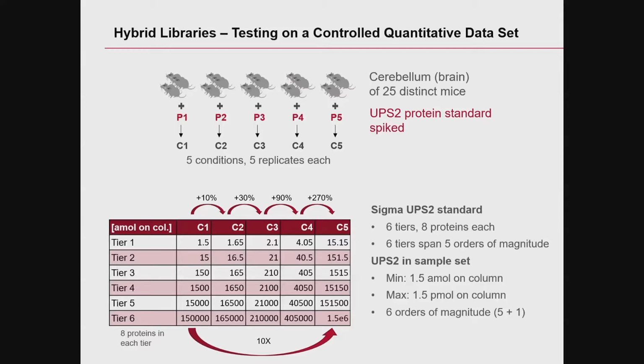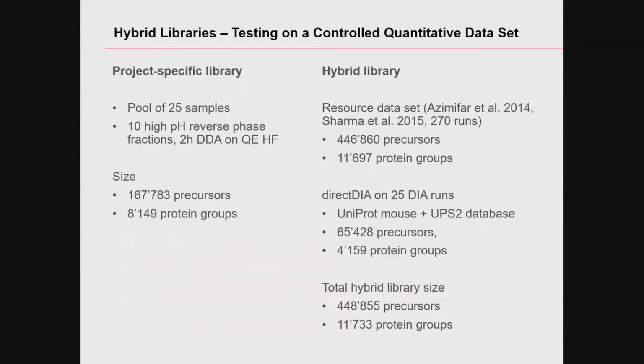And in this analysis we go from 1.5 attomole on column to 1 picomole on column, roughly. So it's a very big range of concentrations. Actually, many of those here we don't see at all in the analysis we perform here because they are super low in abundance. You would probably only get those if you would do MRM or PRM. Exactly, so here you can see the characteristics of this data set in terms of quantities in there.